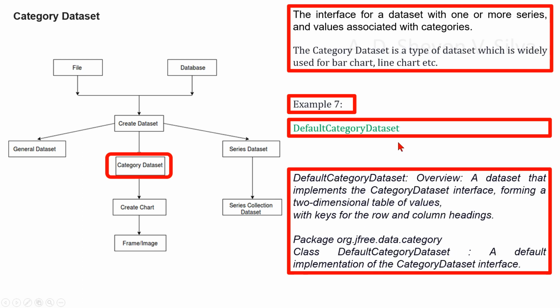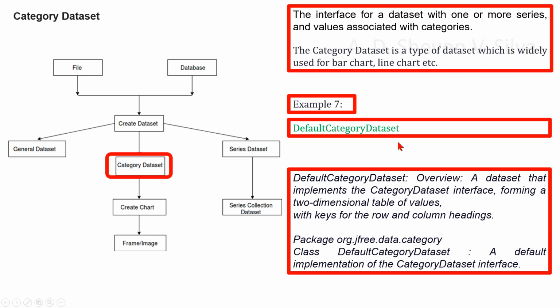Overview of DefaultCategoryDataset, a dataset that implements the CategoryDataset interface, forming a two-dimensional table of values with keys for the row and column headings. The DefaultCategoryDataset in package org.jfree.data.category, a default implementation of the CategoryDataset interface.